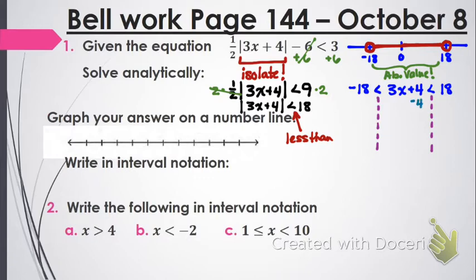So I'm going to do it here and on both of the other sides of these fences. So I've got negative 22 here. I have 3x in the middle, and I have 14 over here. I'm going to bring down my less than signs. When do I have to worry about flipping those signs the other way?